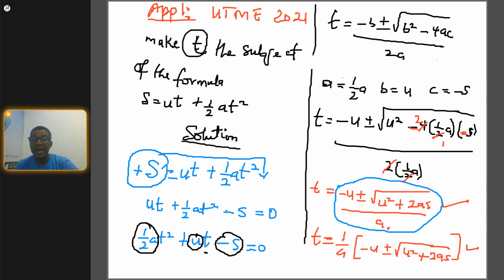No. So that means we are accurately correct. Because I said that if I'm considering t to be the variable focus or the subject of the formula, t must not appear on the other side. It is not allowed. So you can see with this solution, we are accurately correct. I believe that is clear to us. Is the explanation clear to us? One more reaction and we'll move on.